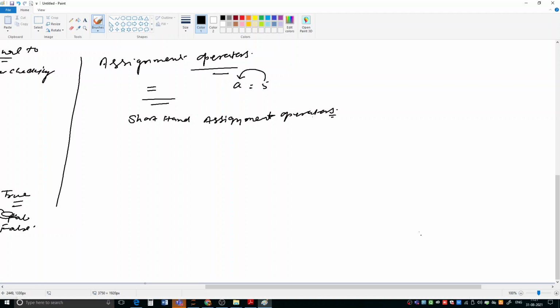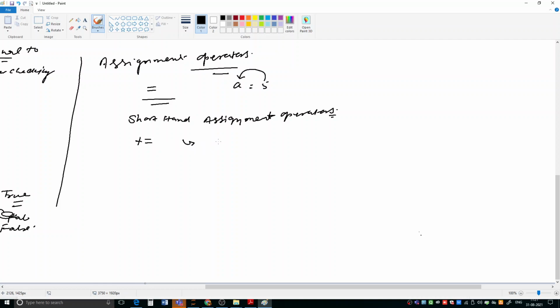By combining one arithmetic operator with the assignment operator, we create these. The first one is plus combined with the equal to sign, and it works like this.